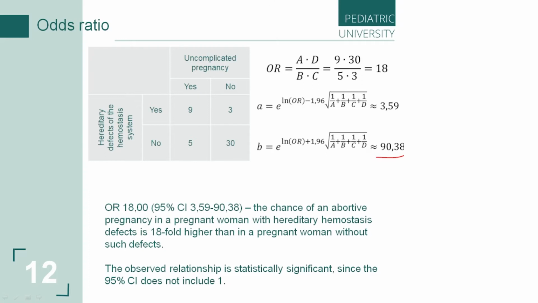90.38. It turns out that the odds of an uncomplicated pregnancy in a pregnant woman with hereditary defects of the system of hemostasis are 18 times higher than in a pregnant woman without such defects.